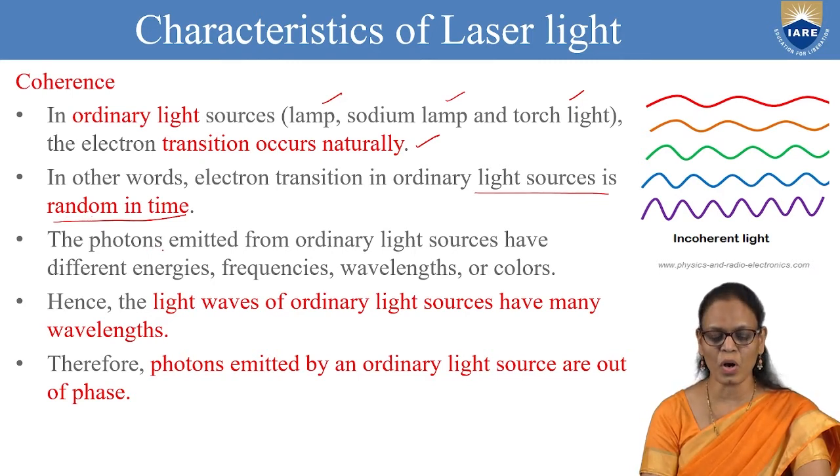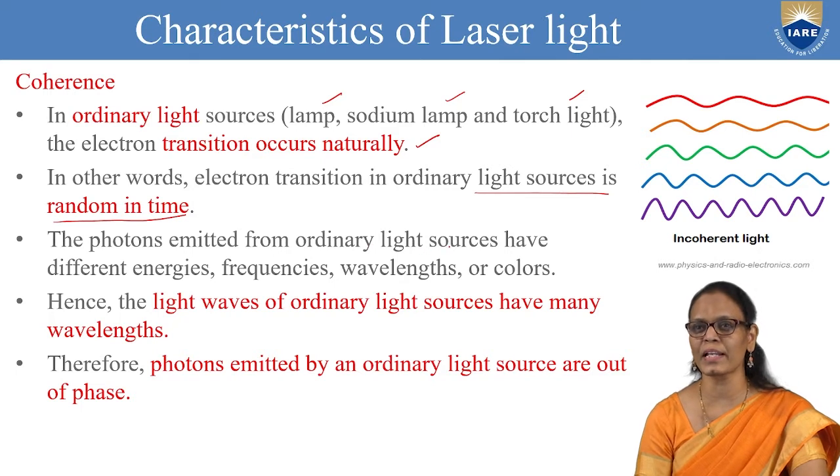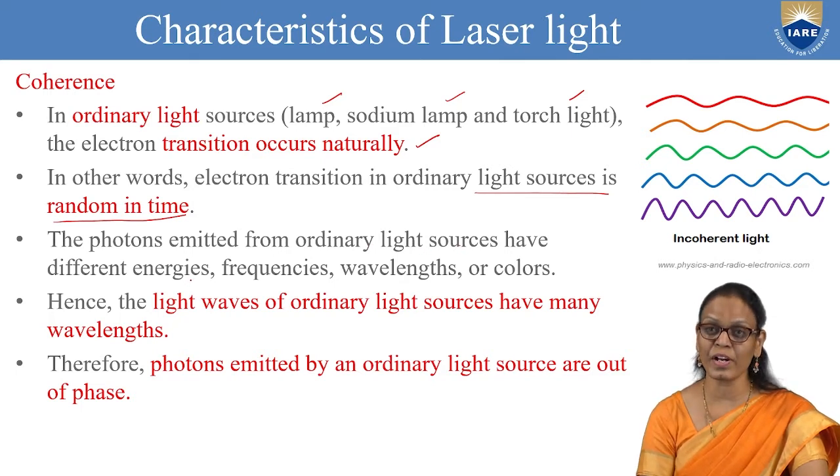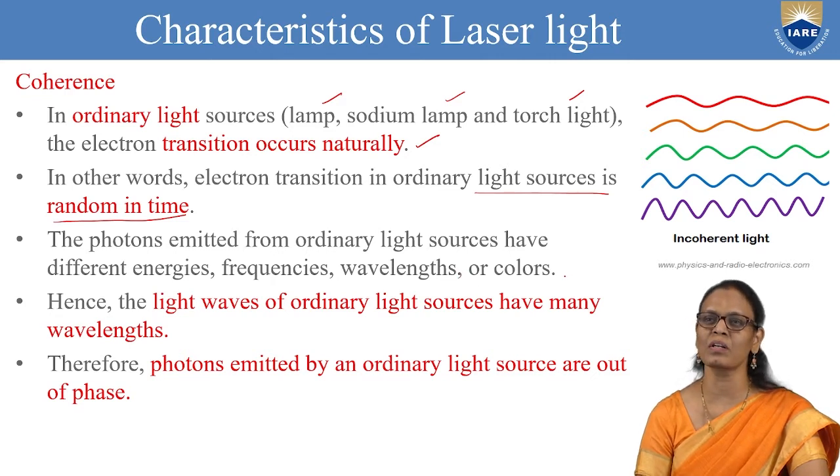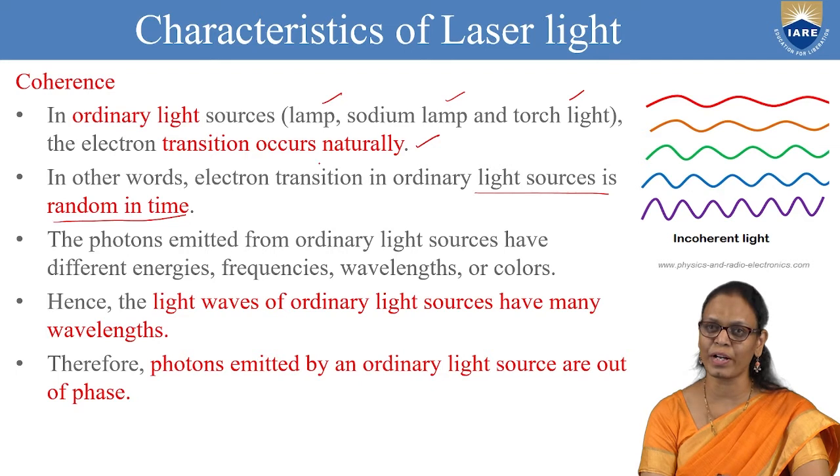Then the photons that are emitted from ordinary light sources have different energies, different frequencies, different wavelengths or colors. It's because they are emitted at different times and they can occur naturally.